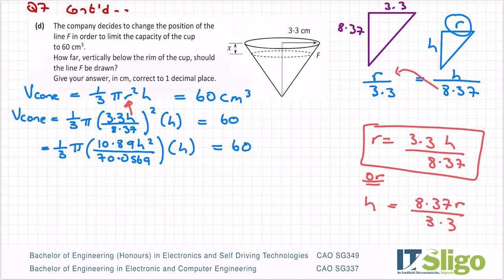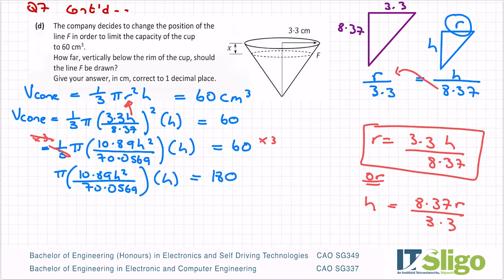Okay, I might get rid of the third. Basically I have to get rid of everything on this side but the h, so it's whatever order you want to do that in. So a third and a third cancels. So I have pi times 10.89 h squared over 70.0569 times h being equal to 60, or 180 in total.